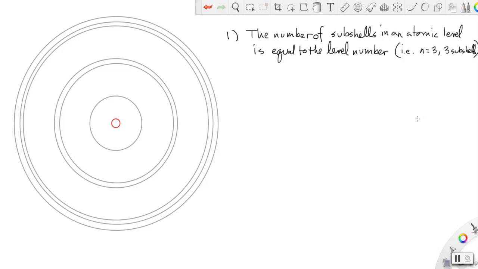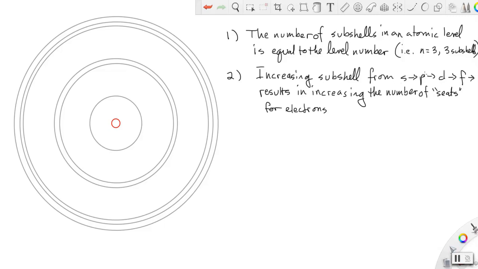Now, the second thing that's important is that increasing subshell, from S as the lowest subshell on up through P, D, F, results in an increasing number of seats for the electrons. So you remember you had one pair of electrons in S, and then you had 3 pairs in P, 5 pairs in D, and then 7 pairs in F, and it just keeps going from there.